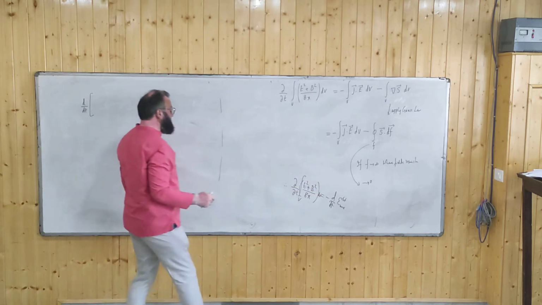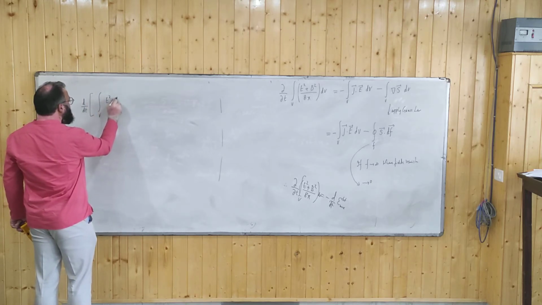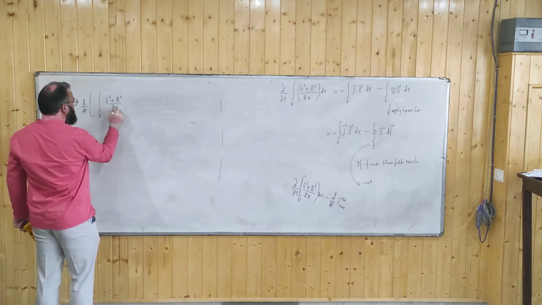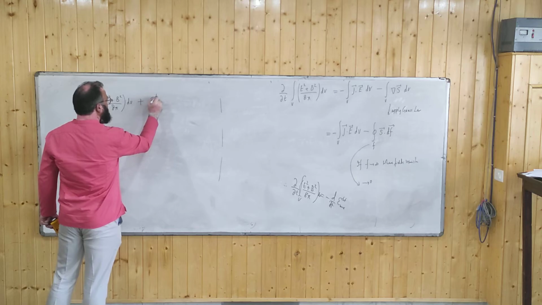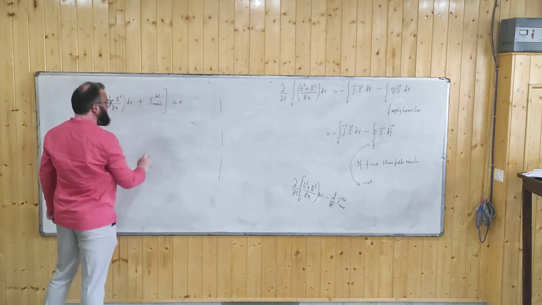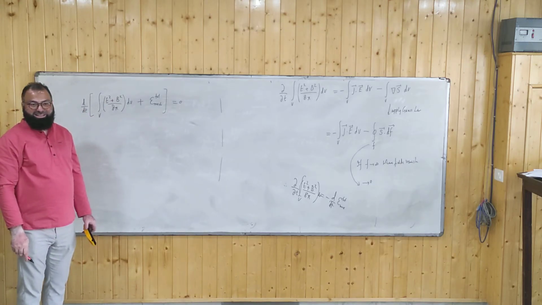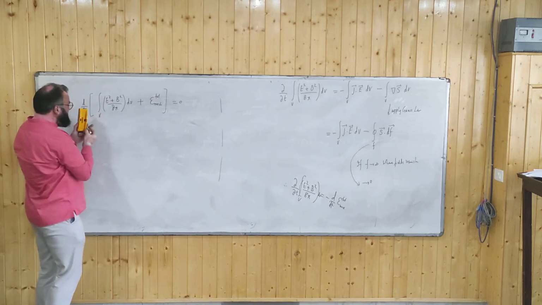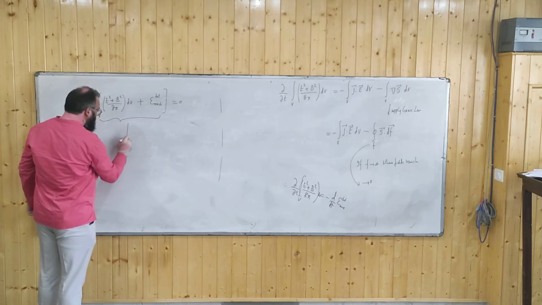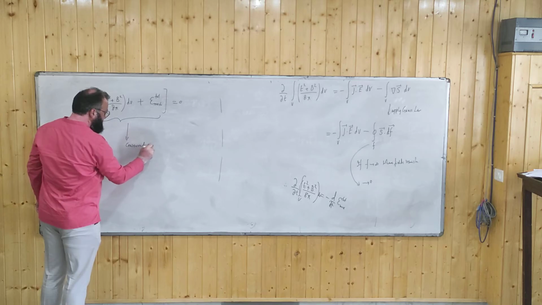So this object, E square plus B square divided by 8 pi dV, plus the mechanical energy, that's equal to 0. What it gives me? So that means there is a conservation. Yes. So it means this entire object is conserved. So it's a conserved quantity.